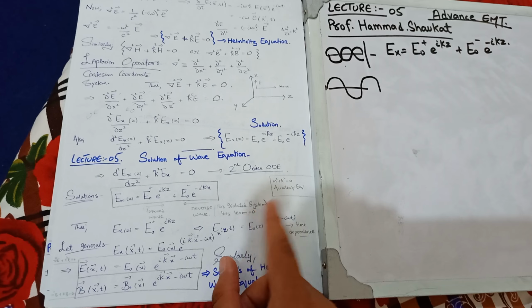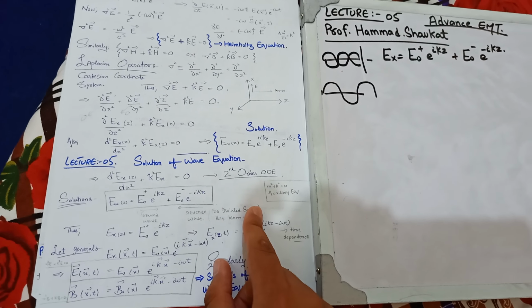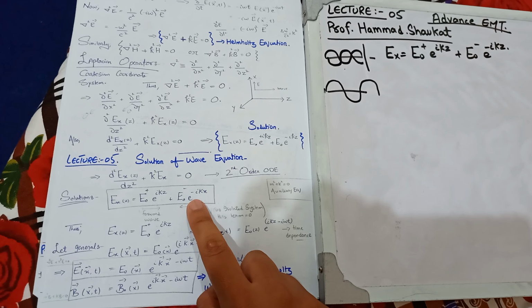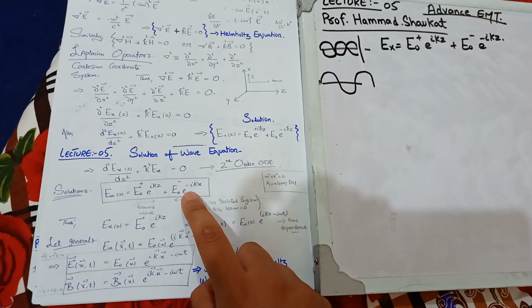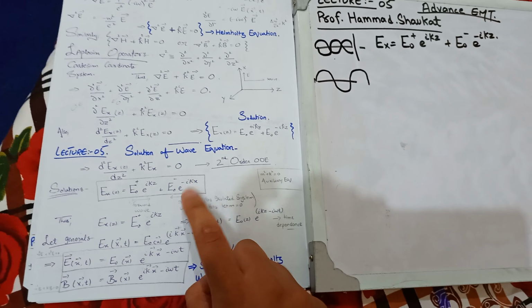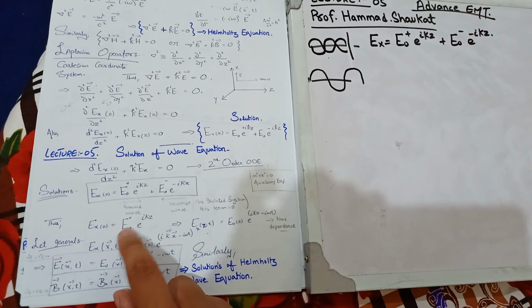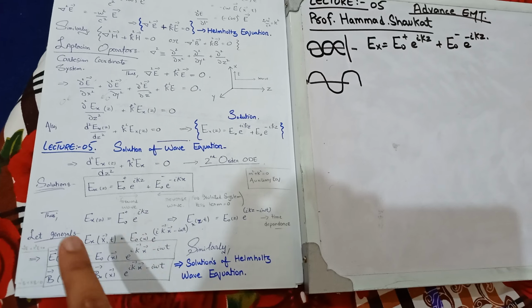We can say our system is isolated, with no restriction, no boundary, and there is no electric field in the backward direction. So our final equation remains Ex equals E naught plus e power plus iota kz, only in the forward direction.